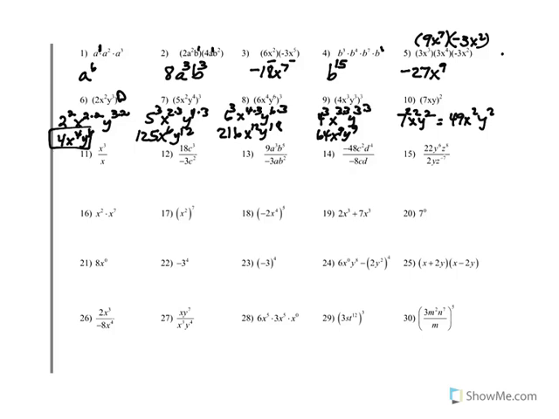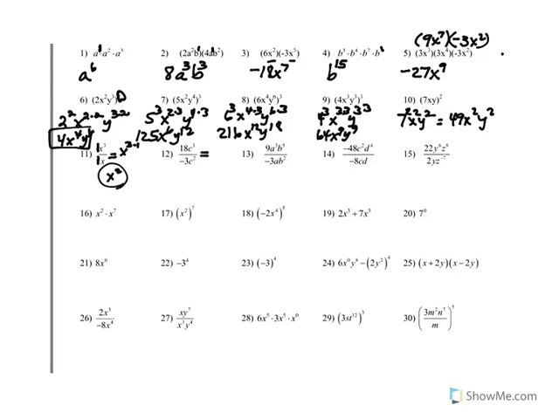Alright, 11 through 15 we're using our quotient rule. So x cubed over x. That essentially is x to the 3 minus 1, so x squared. Here, pay attention. You have numbers and then you have variables. So you should understand that here this was an invisible 1 dividing by a 1. Okay? So here it's 18 divided by negative 3.